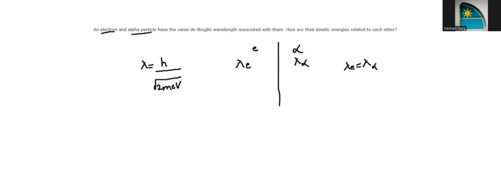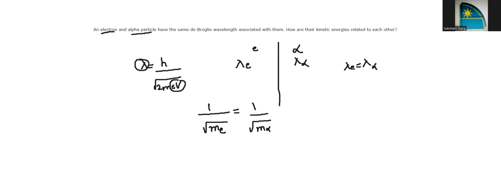So now we already know the relation between kinetic energy and lambda. Since lambda for both of them is the same, we can just compare them. h is constant. Mass, by mass, we will rearrange this equation. 2 is also a constant. So basically we will get 1 upon root of mass of electron, that should be equal to 1 upon root of mass of alpha particle.